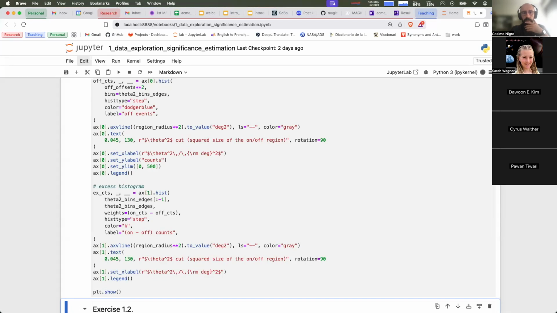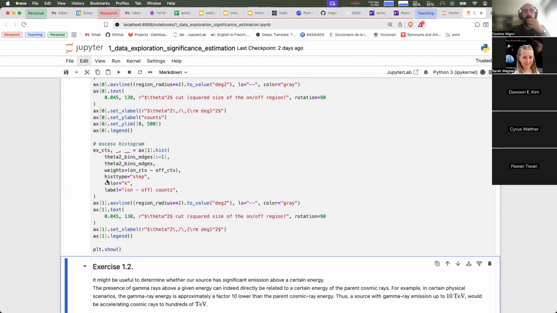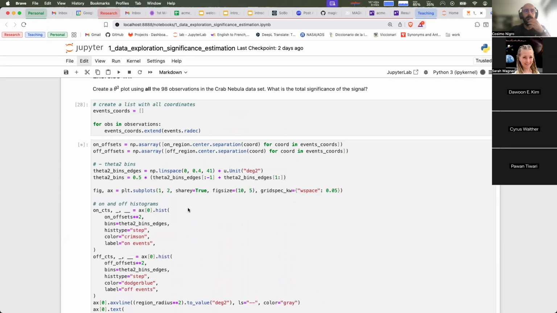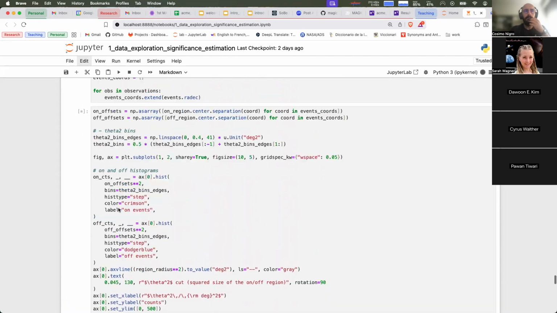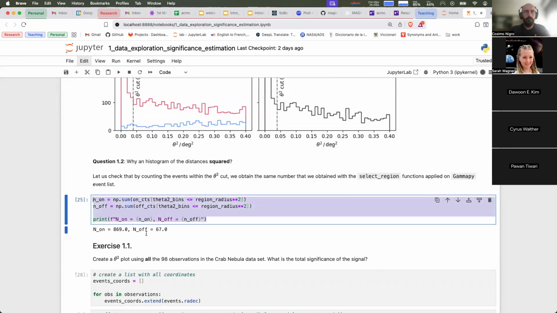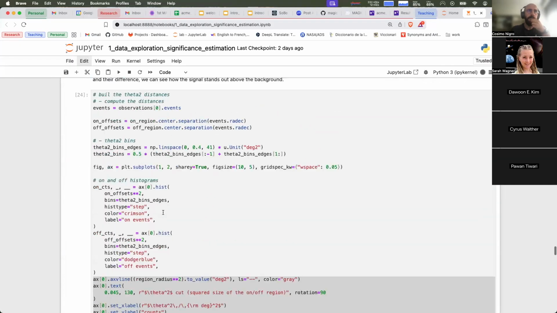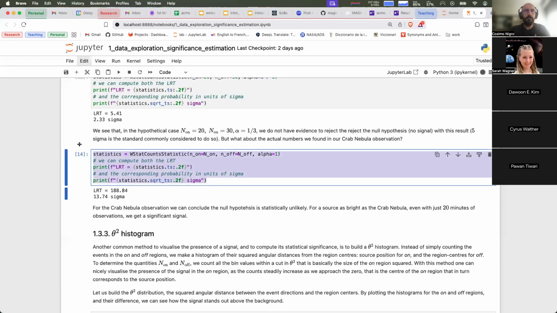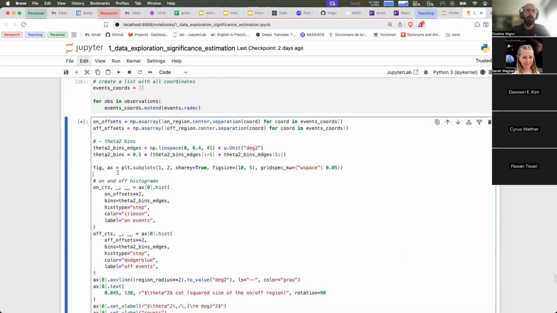You don't have to type in the chat if you feel like. Oh, okay. Not yet.